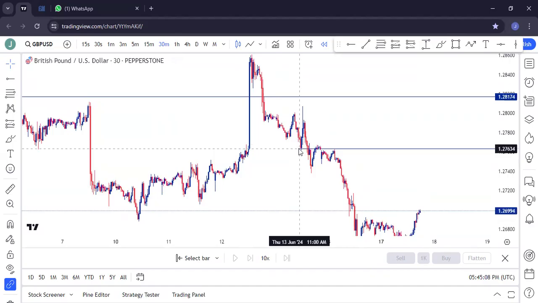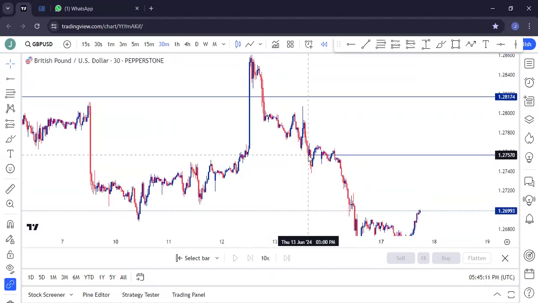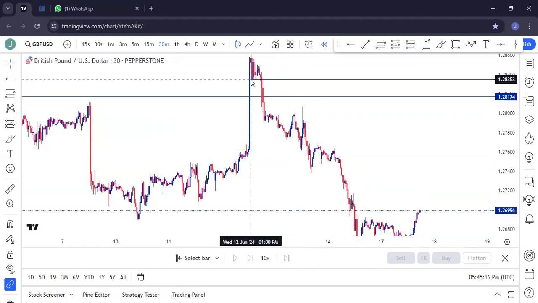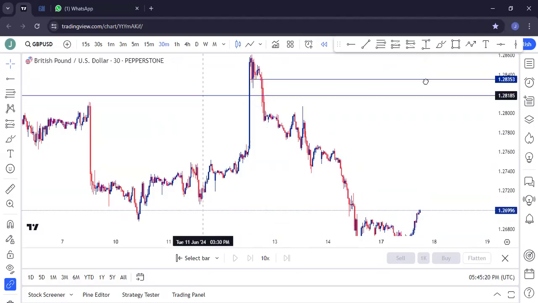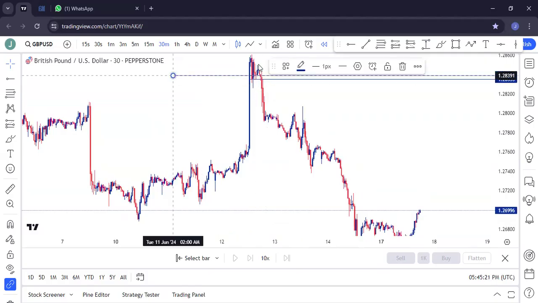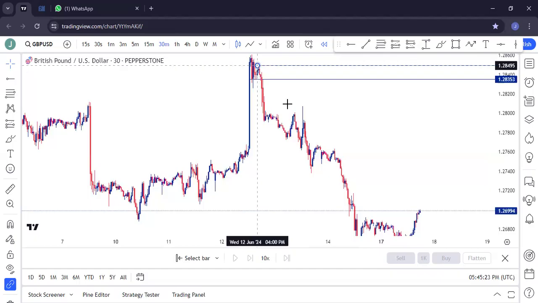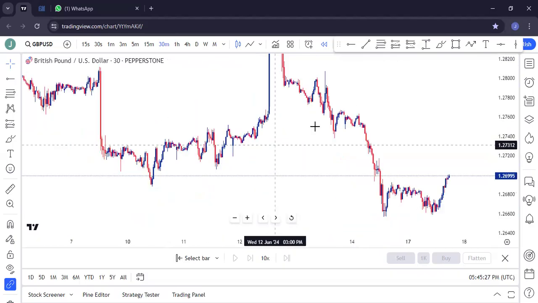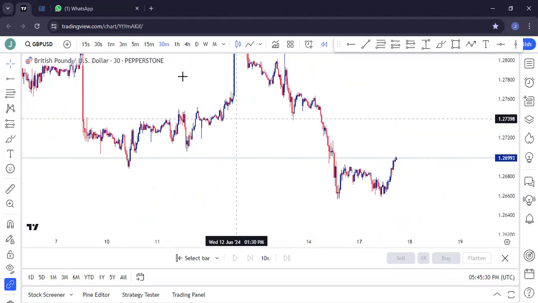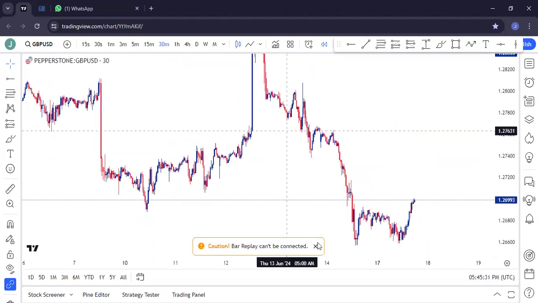We had this formation, we had this outside formation. I don't know why the price did not come here. So if price did not come here, meaning we still have to consider this point. So it can be our entry there. So let's wait for the price to come there.